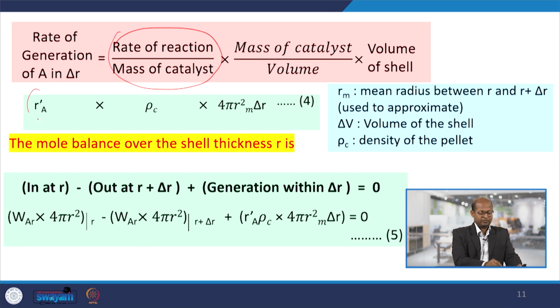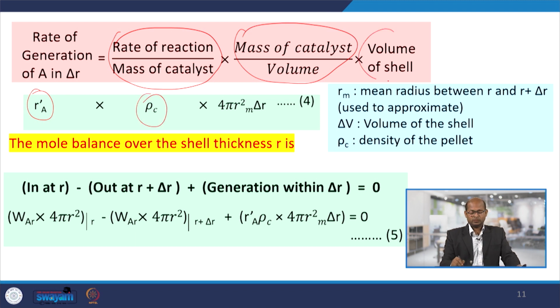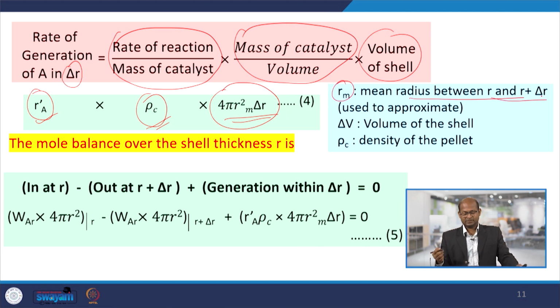So, R A prime is the rate, moles per unit time per unit mass of the catalyst; the mass of catalyst per unit volume we have to multiply, and then the volume of the cell within that we are considering. So, the rate of generation of A, that is, R A prime into rho c and 4 pi r m square delta r. R m is the mean radius between r and r plus delta r. Okay.